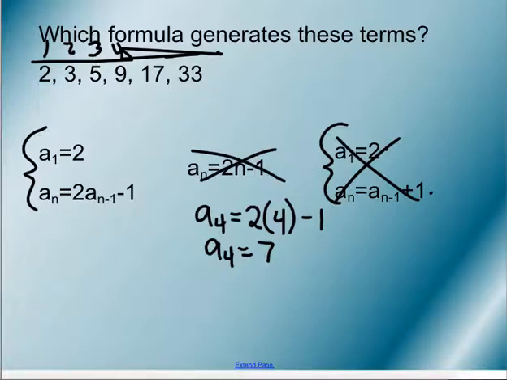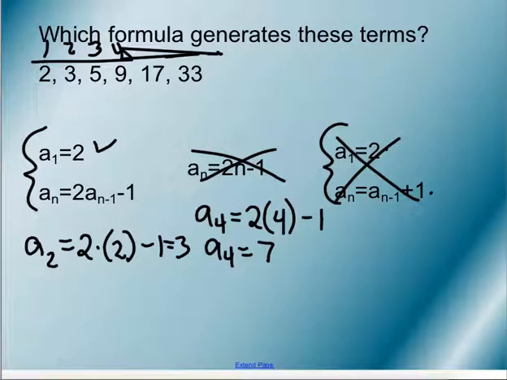We say, okay, a sub 1 is 2. That works. A sub n is I multiply by 2 and then subtract 1. So let's find my a sub 2. We'd say 2 times a sub n minus 1. Well, that means I'm looking for the first term. Well, our first term is 2, so 2 times 2 minus 1. So 4 minus 1 is 3. Well, that works.